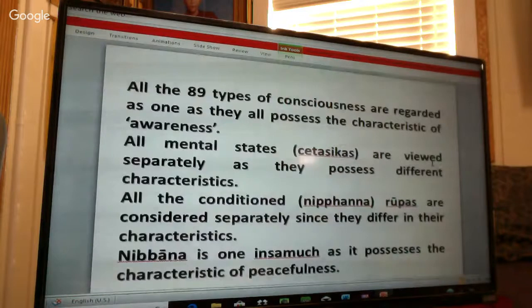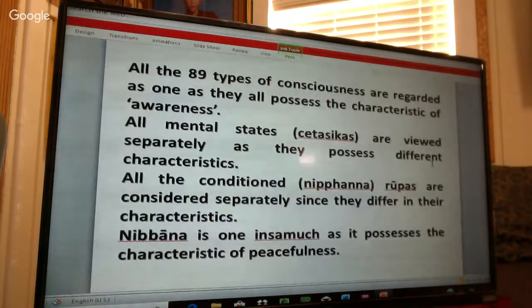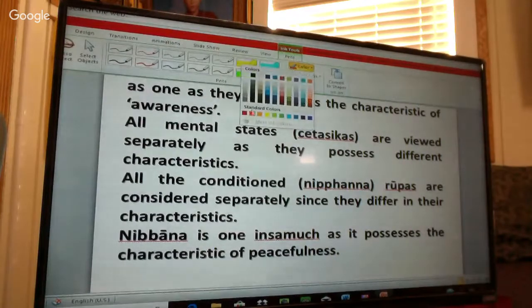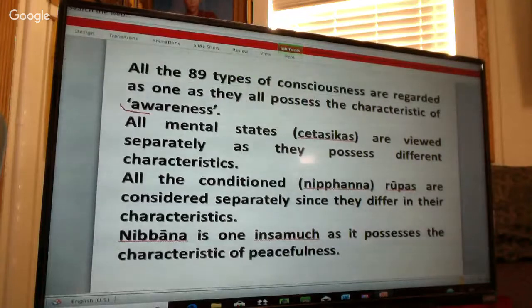So I already told you why we take it like this. Here it explains that all 89 kinds of consciousness are regarded as one, as they all possess the characteristic of awareness, or knowing the object. This is the reason why we call it 1.